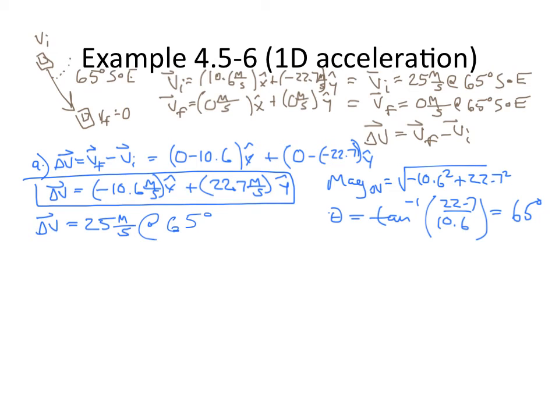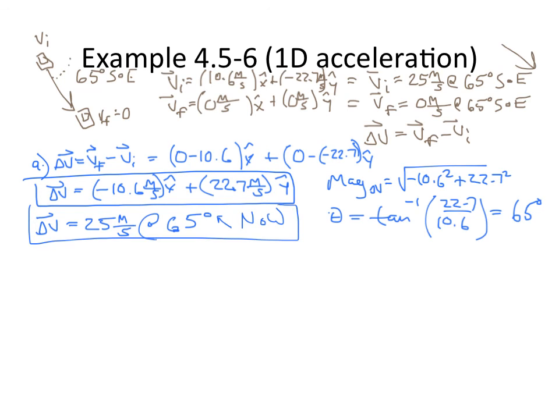what of what? Now this is going to be interesting because, look, our signs have changed. We've got a negative x and we've got a positive y. So instead of south of east like we had before, south of east is going like that. A negative x and a positive y is going to be going the opposite direction, so that's north of west right here.